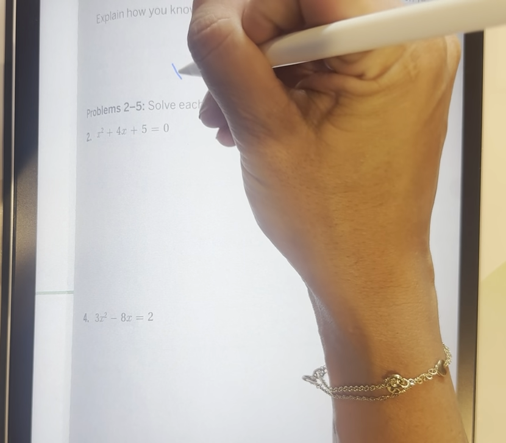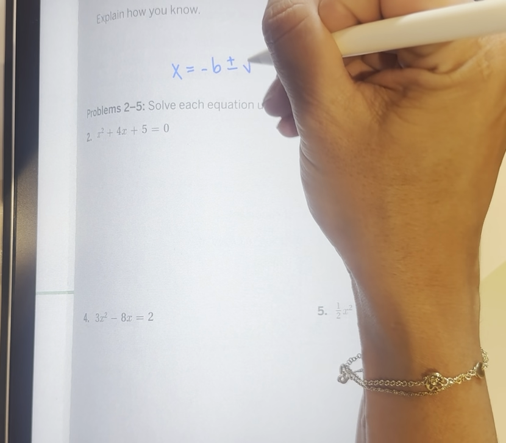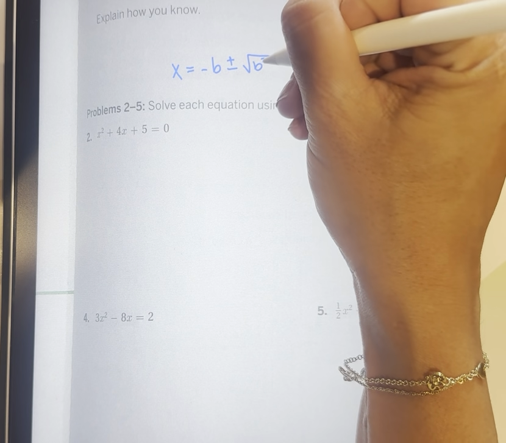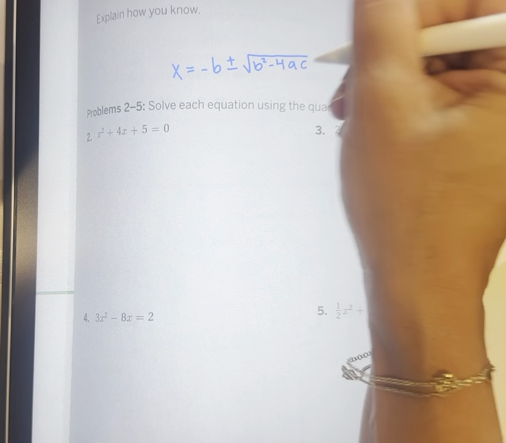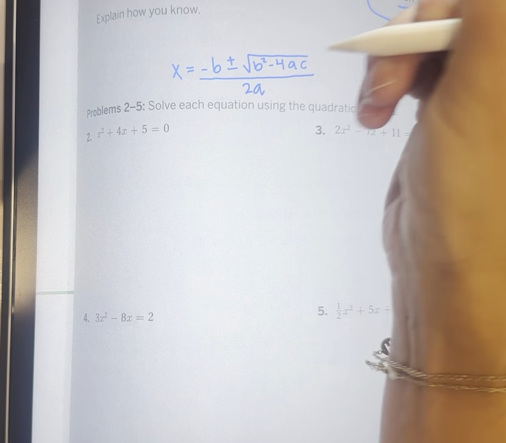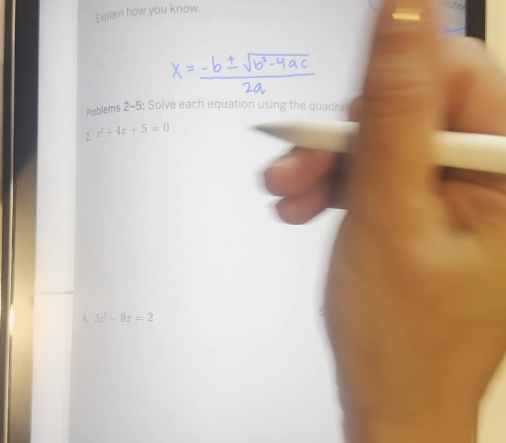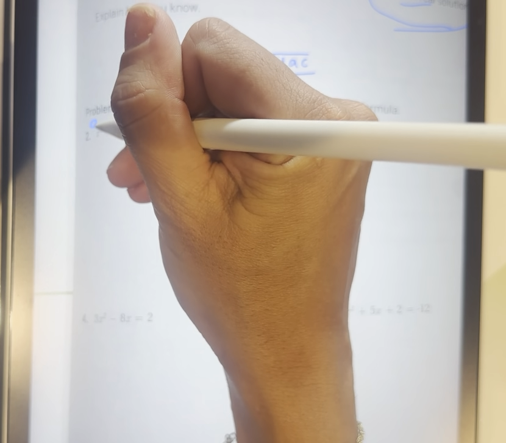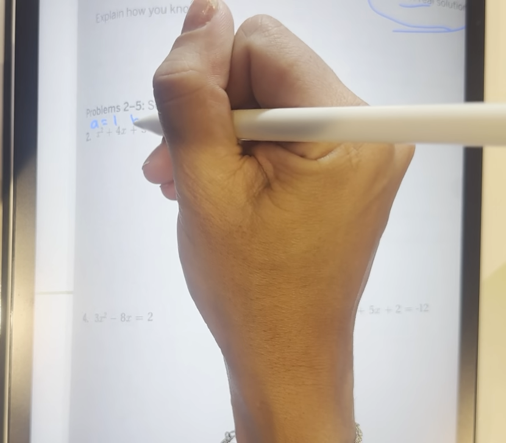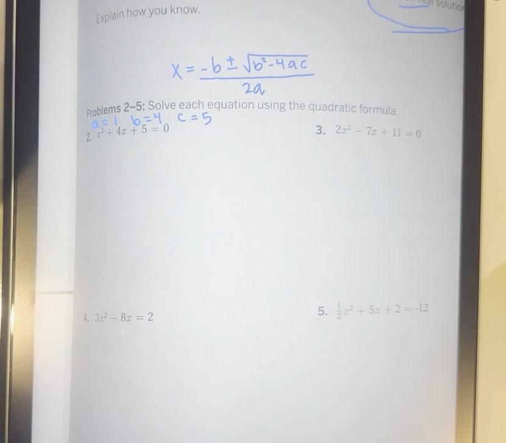So let me first write it down. X equals negative b plus or minus square root b squared minus 4ac, all over 2a. And what I would like is for a, b, and c to be labeled. So here a is 1, b is 4, c is 5, okay?